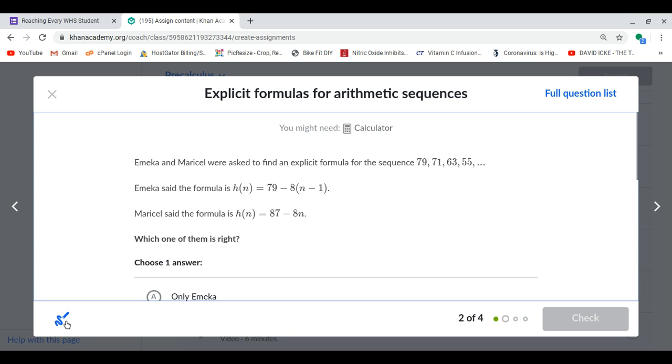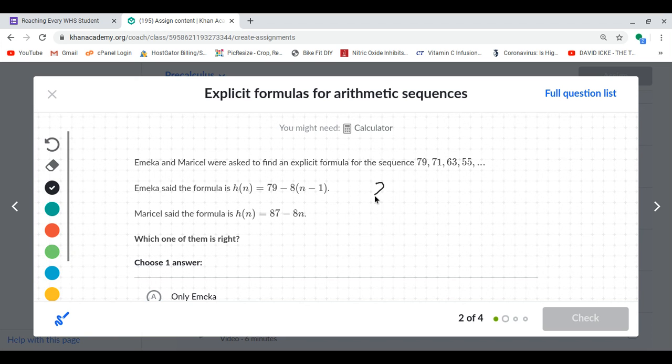So, 87 minus, with the first term, we're going to put 1 in for n. So 8 times 1, 87 minus 8. Not very good with this writing tool, but bear with me. 87 minus 8 equals 79. So it does work for the first term.